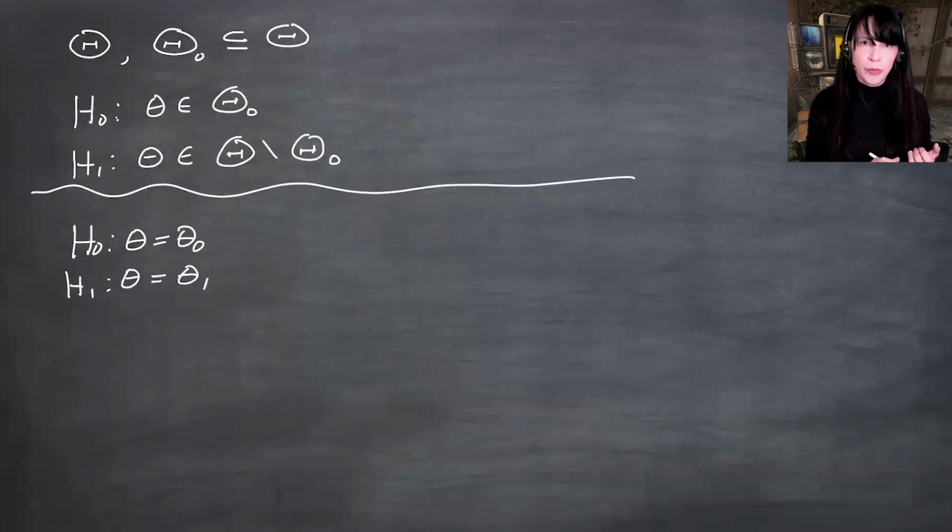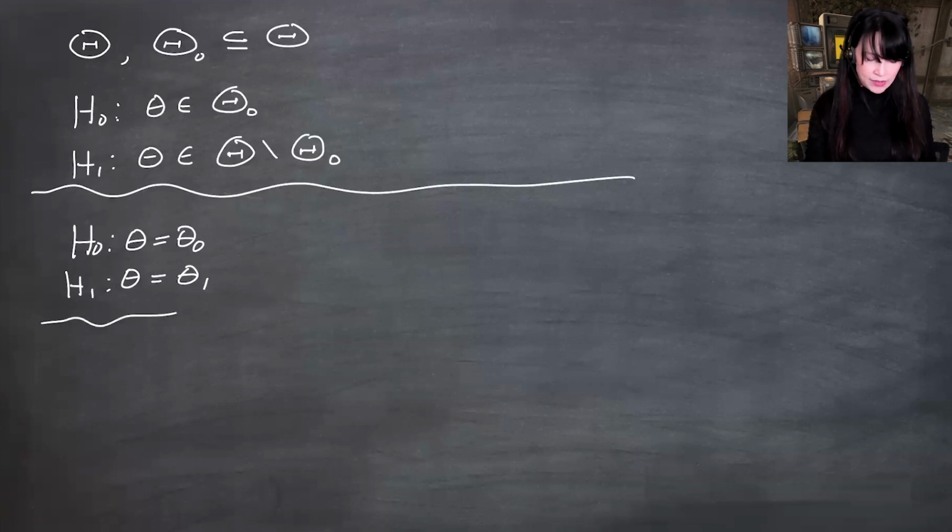So if there's only one parameter and theta is one-dimensional, both of these hypotheses are simple because when the null hypothesis is true, I know the data has parameter theta naught. And the alternate hypothesis is also simple, but if there was a second parameter that was unknown, then just having these equal signs does not mean we have simple hypotheses.